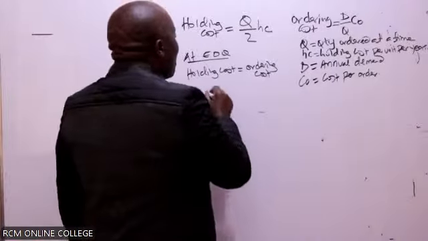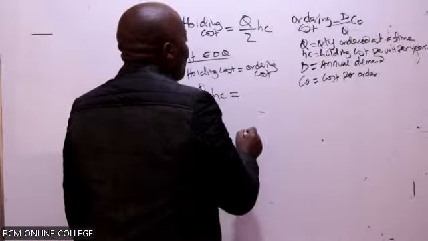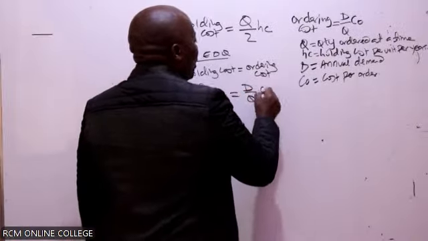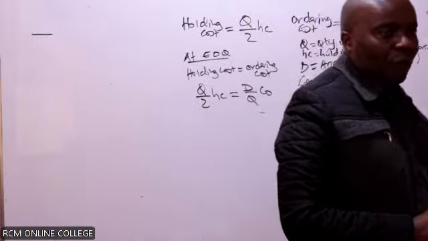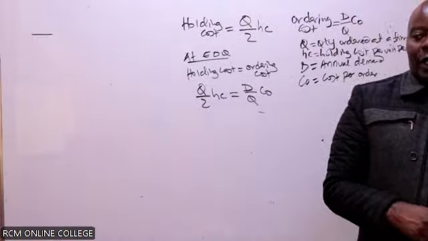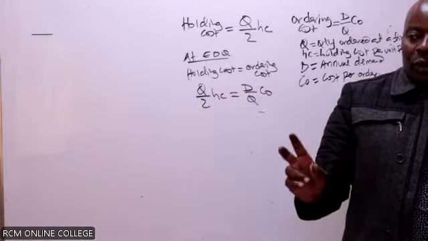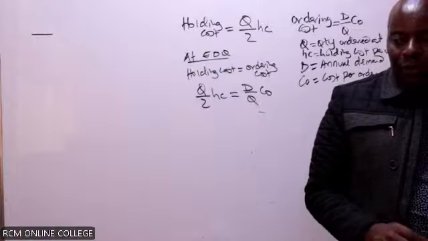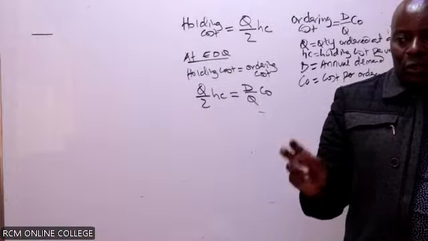The holding cost is Q over 2 HC, which will be equal to D over Q CO. So anytime we talk about economic order quantity, never forget that at EOQ, holding cost equals ordering cost: Q over 2 HC equals D over Q CO.